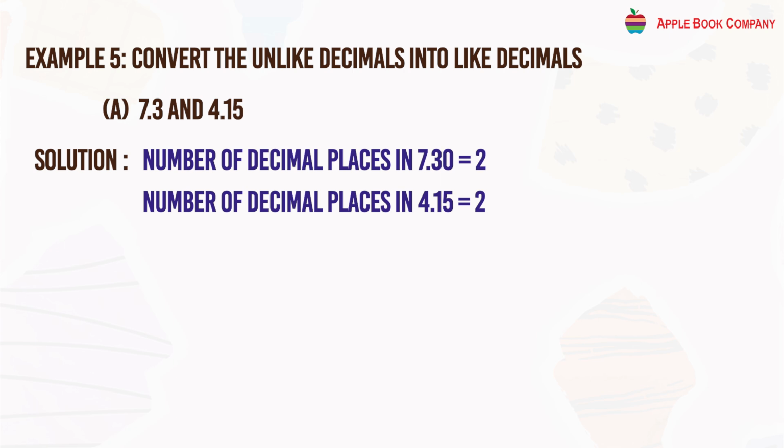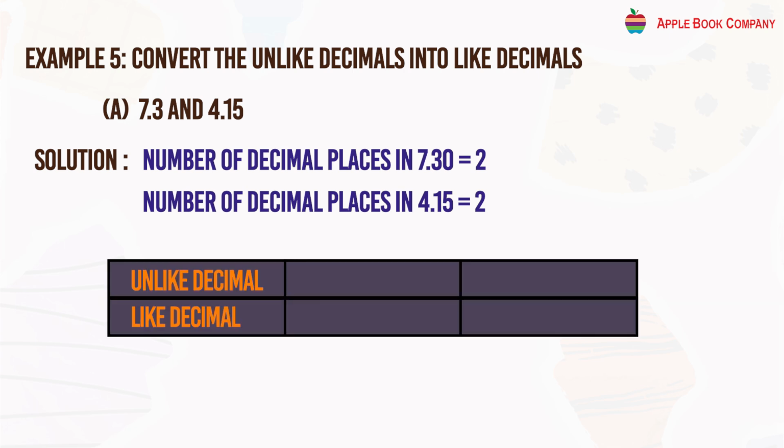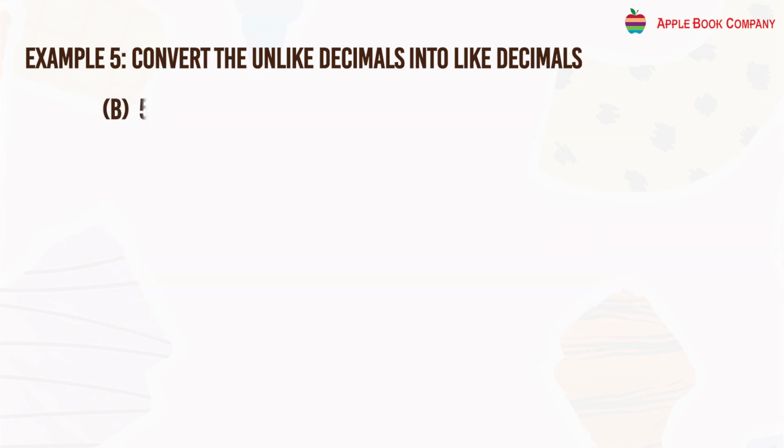So we put a 0 at the extreme right of 7.3 and write it as 7.30. Unlike decimals, 7.3, 4.15. Like decimals, 7.30 and 4.15.